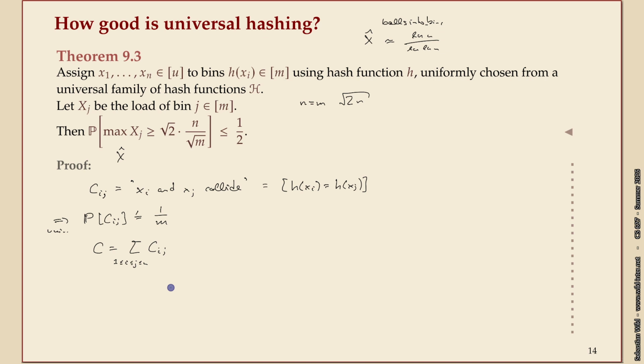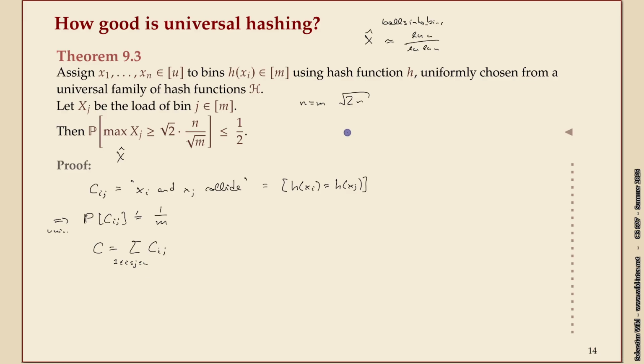Fine. So why bother with collisions? That's what we get from the universality guarantee. Let's maybe first say what is no longer true. If we just assume these universal hash functions, the number of balls in any given bin is no longer a binomial distribution.